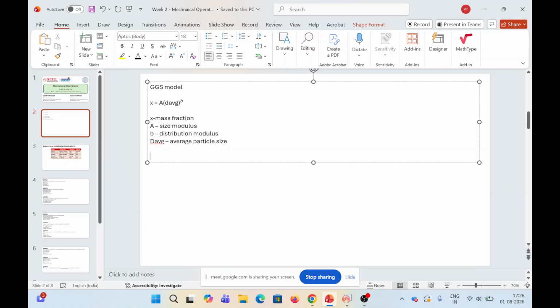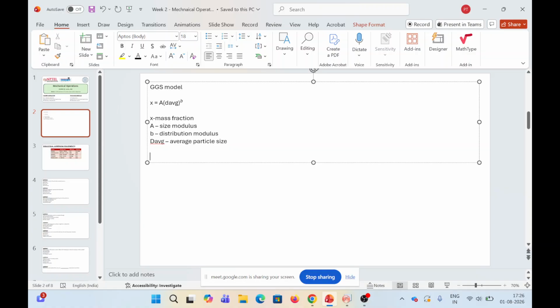So x and D average we know. One basically represents the mass fraction and another represents the average particle diameter. So we know what is the exact meaning of that. But what does the size modulus and distribution modulus actually signify?